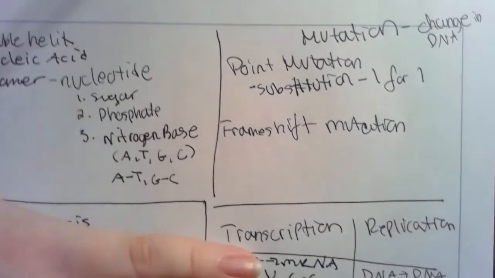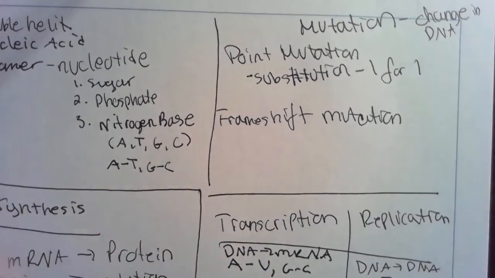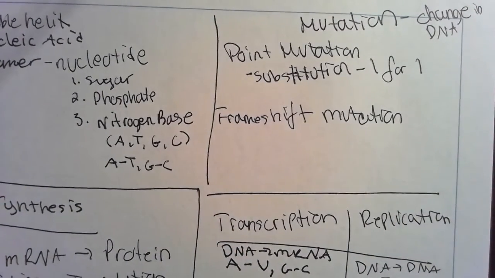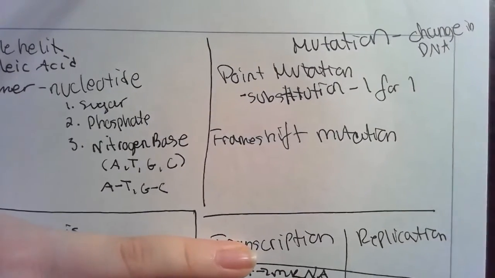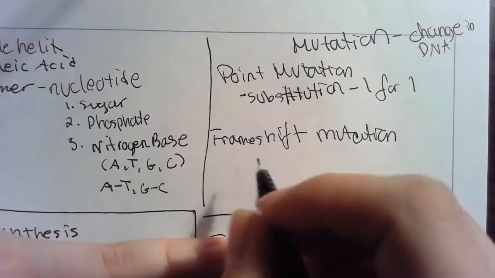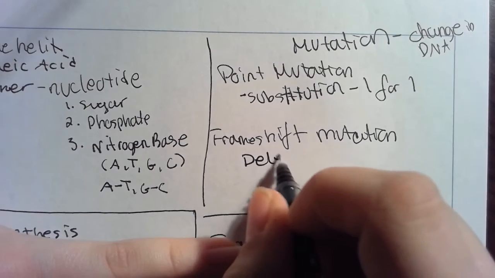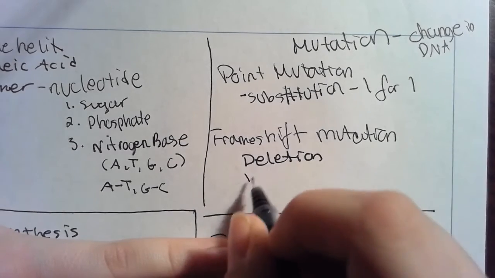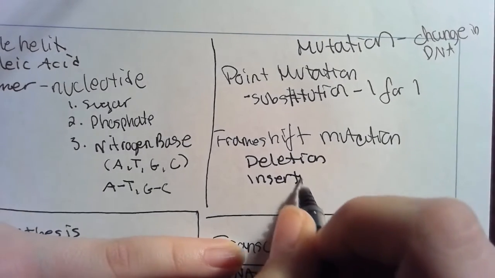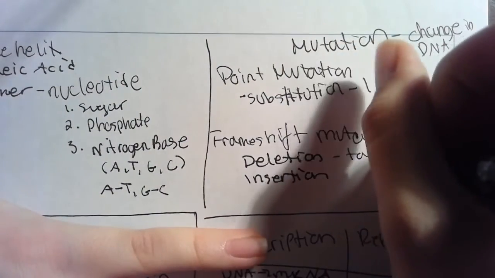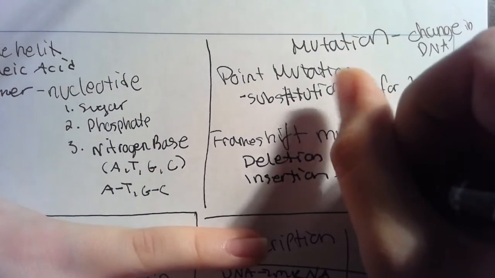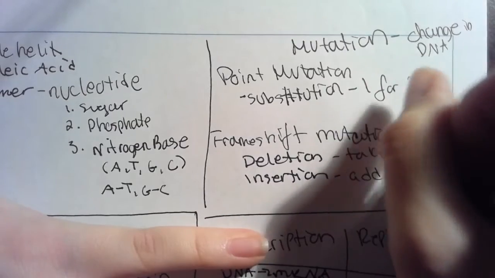Okay, frame shift mutation literally shifts, like it says, the entire reading frame. So you can have deletion or insertion. Okay, so deletion, remember I take one, and insertion I add one.